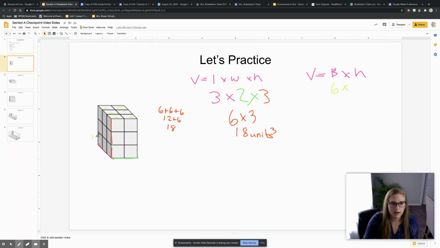I have 1 layer, 2 layers, 3 layers. So 6 times 3, which we've already proved is 18 units cubed.